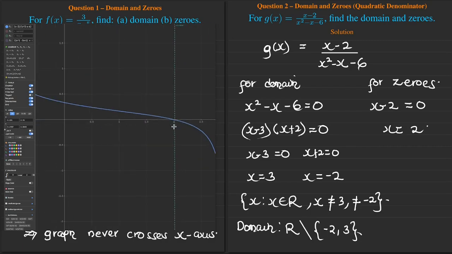If I zoom in on this as well, you realize that it touches it at 2. So with this calculation, you don't necessarily have to draw before you can determine zeros and domain. Just by knowing the steps, you can easily predict the zeros and domain and even other properties of the function, as we would see in our next lesson.